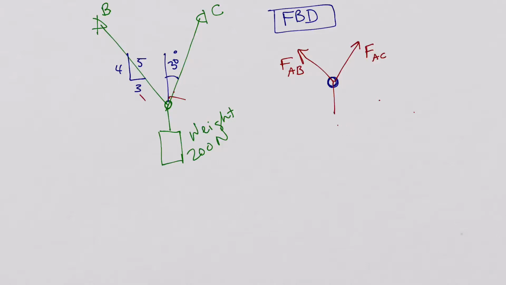And then we also have that weight going down. And then we'll also draw in things about the geometry. So 30 degrees, 3, 4, 5 triangle, and we'll make an XY coordinate system. And that's an example of a free body diagram.